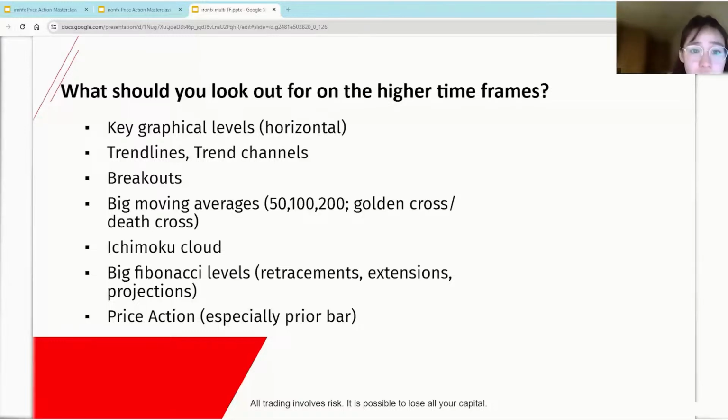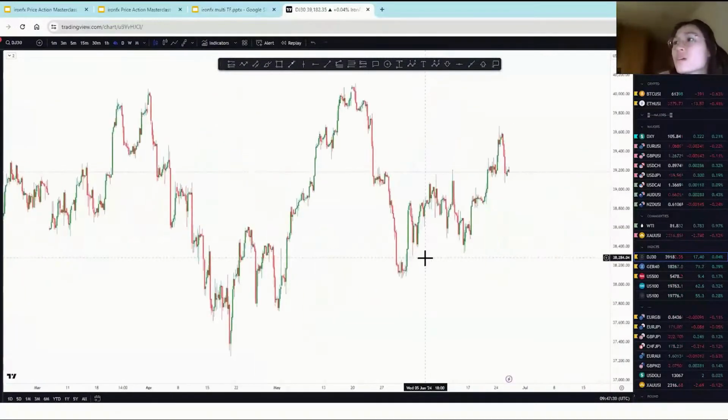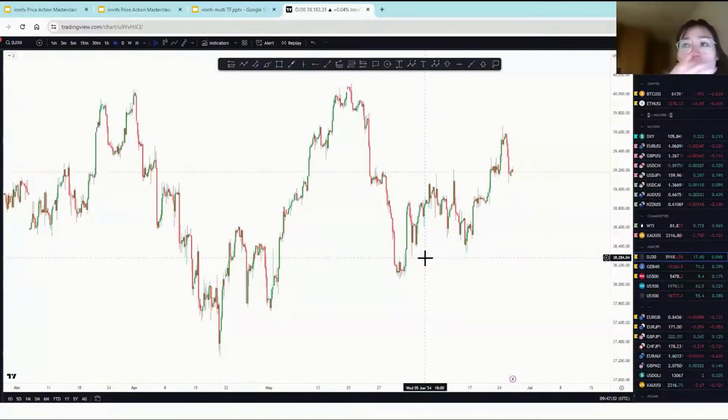Okay, setting up Ichimoku on your phone or laptop. I can show you how to do it on TradingView. Let me just open my TradingView. So this is just a random chart that I have open.